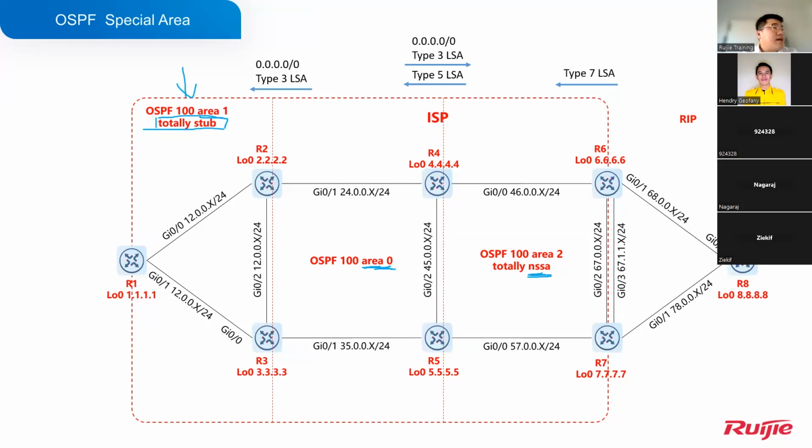In the NSSA area, we could have type 7 LSA, but in the totally stub area, no LSA 7, right? But why do we have LSA 7 in NSSA area?